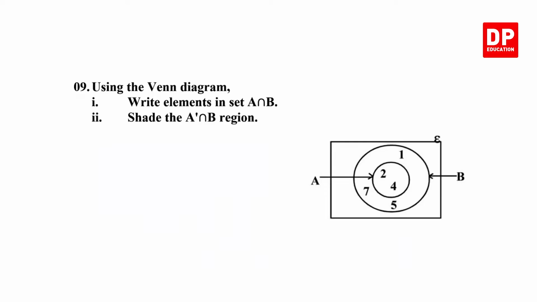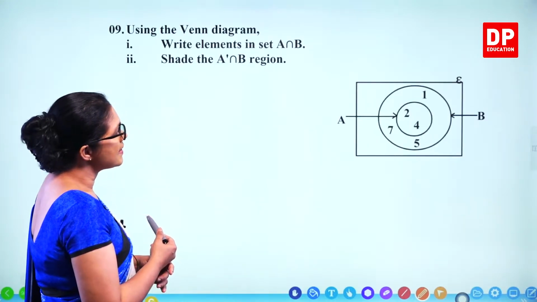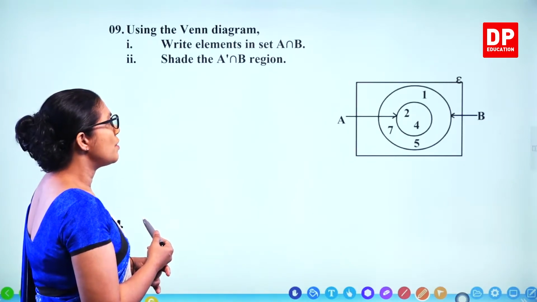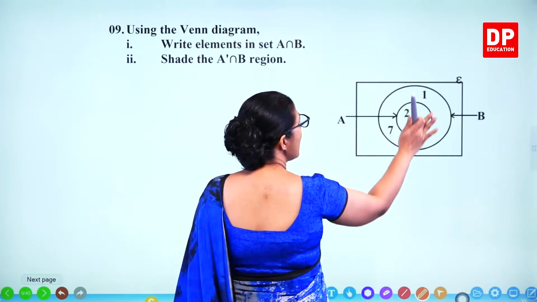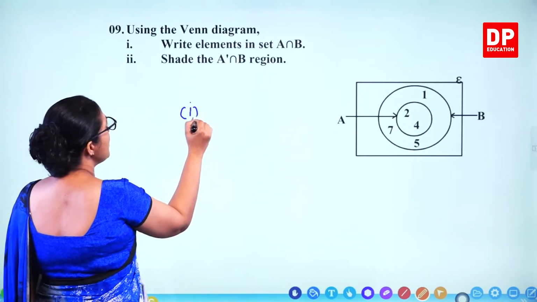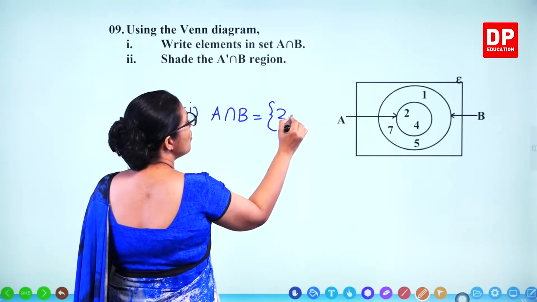Question number 9. Using the Venn diagram, write elements in set A intersection B. A intersection B. Common part for both A and B. So that's this part, 2 and 4. So what are the elements? 2 and 4.